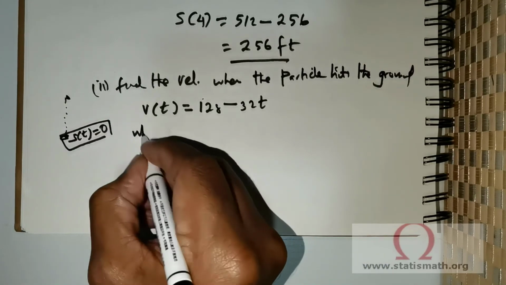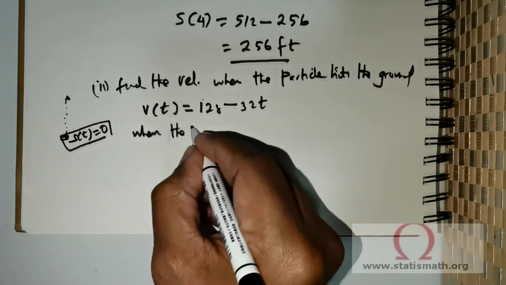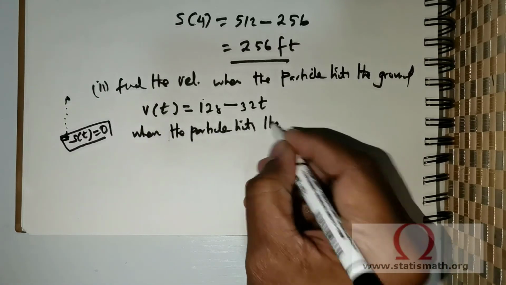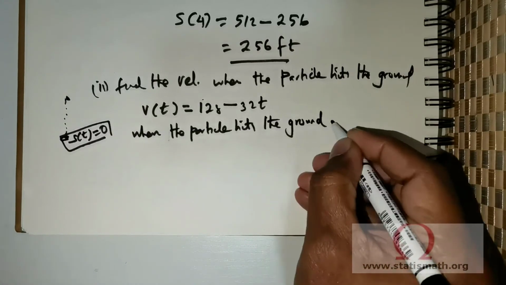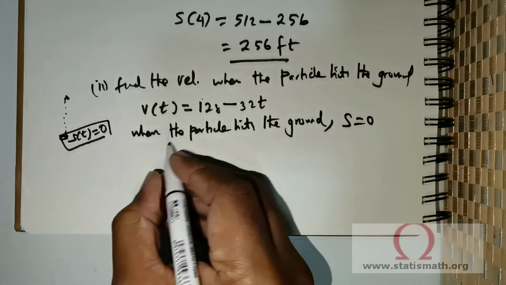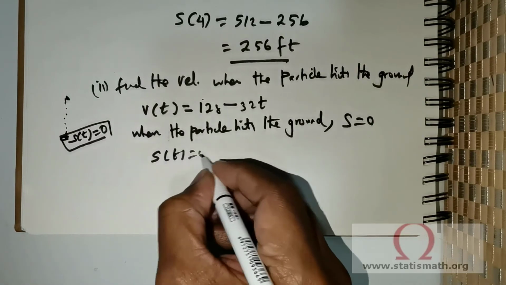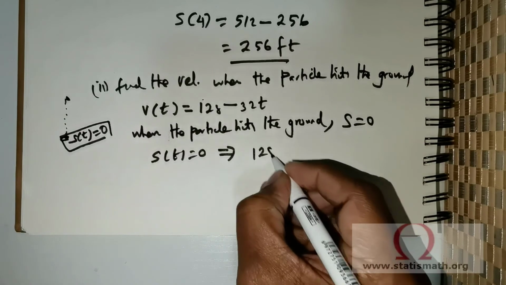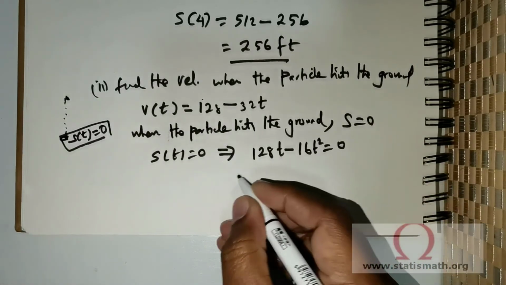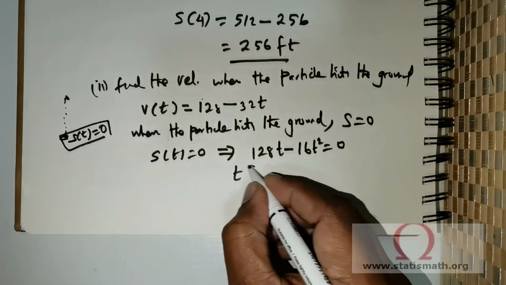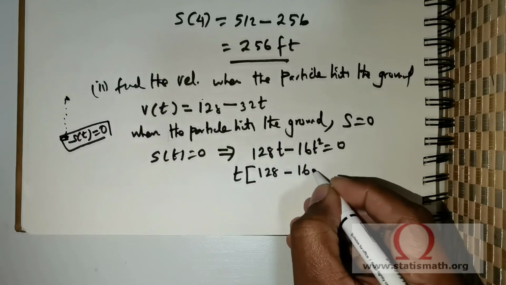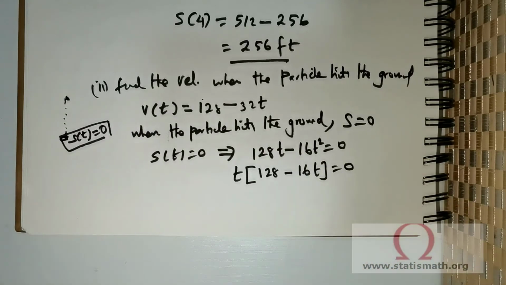So you can write the statement: when the particle hits the ground, the distance is 0. So this would mean that s of t is equal to 0. So 128t minus 16t squared is equal to 0. If I were to take t out, I would have t times (128 minus 16t) equal to 0.